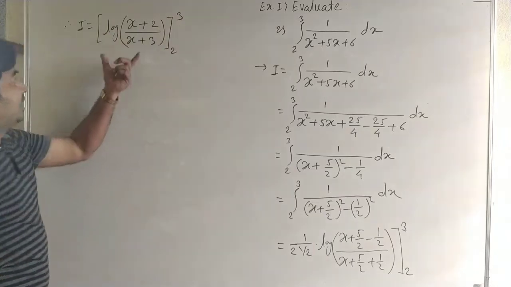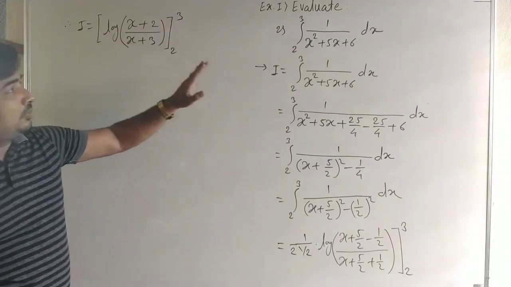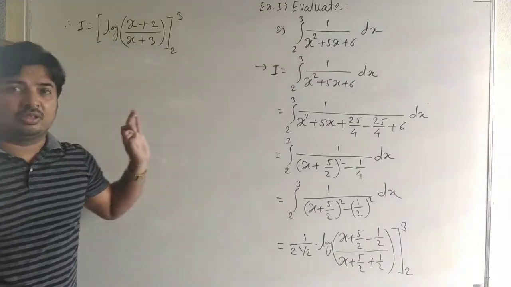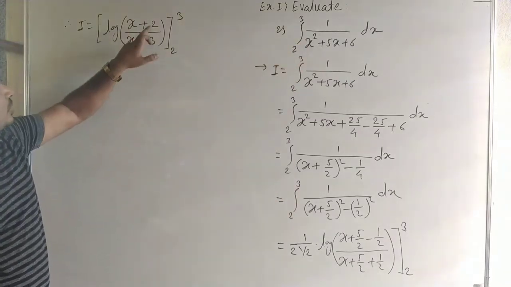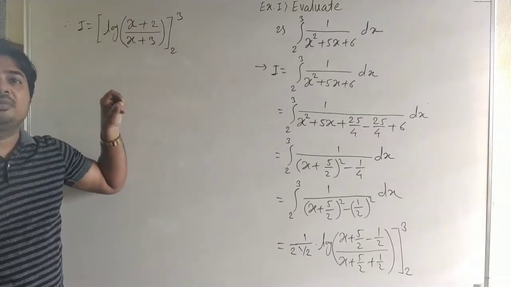Okay, now it is an indefinite integral. If the limit is not given, the answer of this question, the indefinite integral, is log of (x plus 2) upon (x plus 3) plus c, indefinite integral, but it is a definite integral.